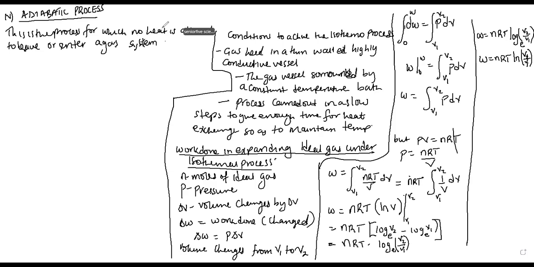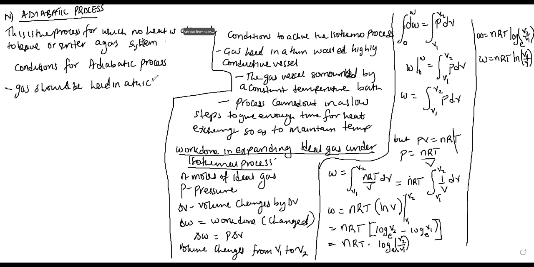Then they can ask you for the conditions for the adiabatic process to occur. The conditions for an adiabatic process to be realized: one, the gas should be held in a thick-walled, poorly conducting vessel.